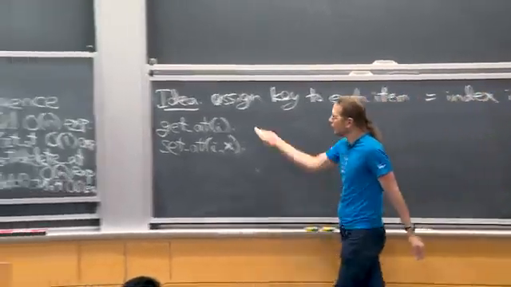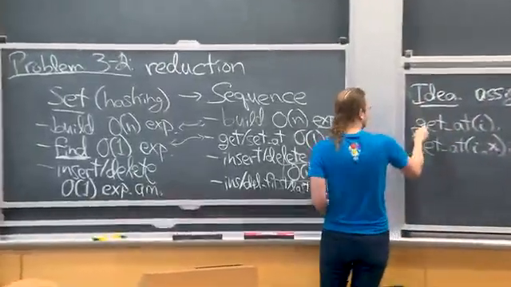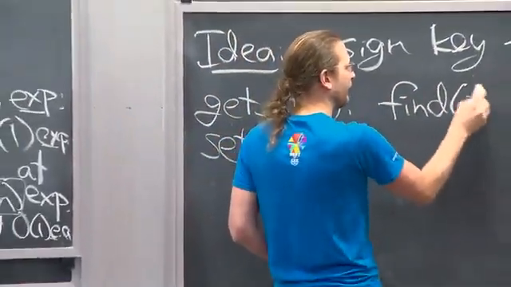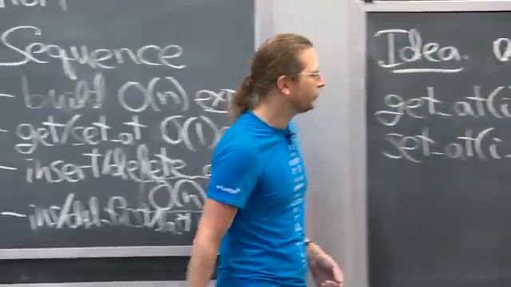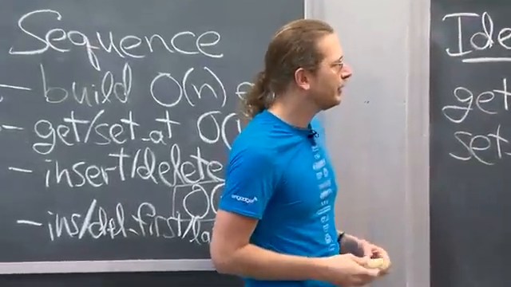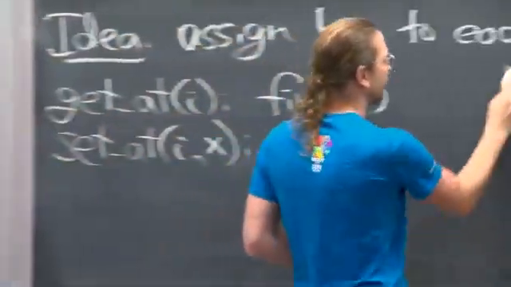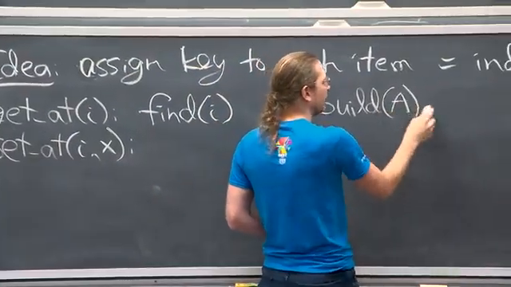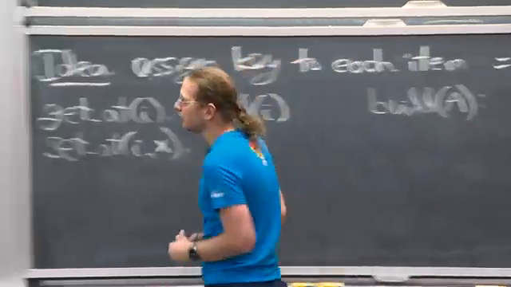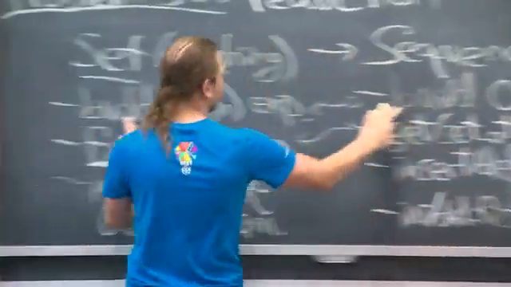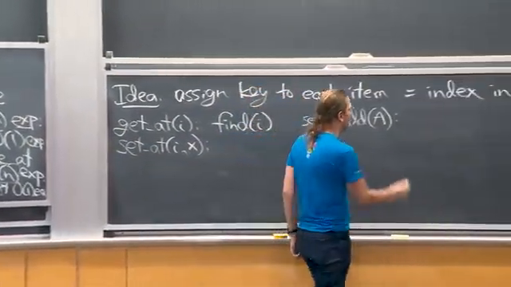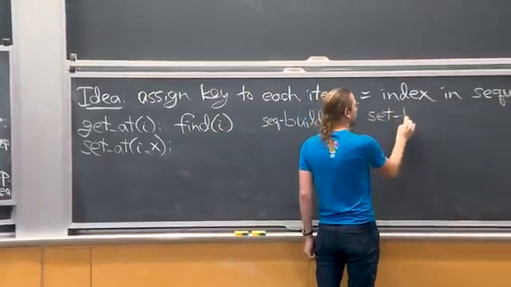So then to implement get at, I can just call find of i, if i is also a key, and that should give me the thing that I want. Maybe for this to make sense, let me tell you how I'm building. If I'm given, say, an array A of items, the only name conflict here is build, so let me call this one sequence build. And I'm going to implement it using set build.